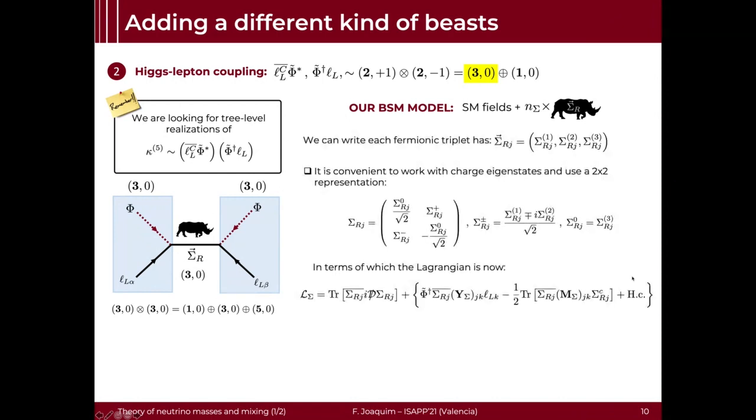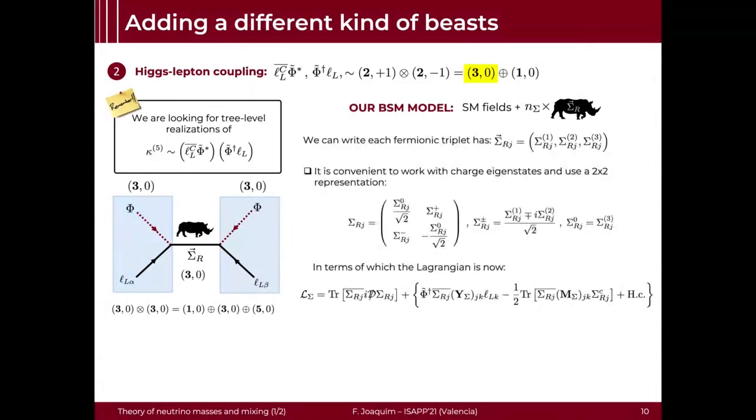So you add fermionic triplets. And the algebra in this case is a bit more complicated because now we are working with triplets and not with singlets. So it is convenient to work with the charge eigenstates. You can show that if you want a hypercharge 0 triplet, you will end up with charge eigenstates which are neutral or plus or minus.